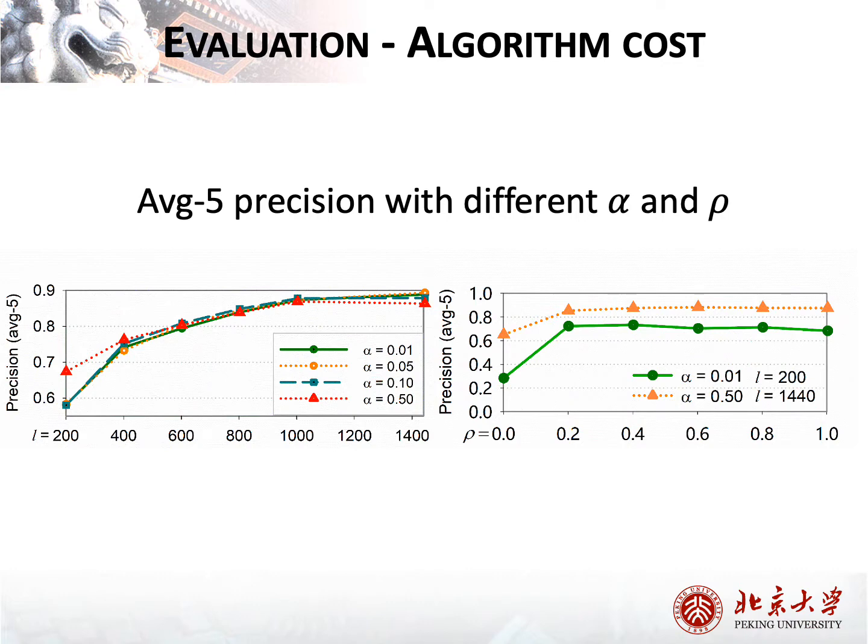We also developed an additional experiment to analyze the effect of alpha and rho on precision. When we increased alpha from 0.01 to 0.5 and compared precision under different lengths, we find that when the dataset is sparser, for instance when length equals 200, higher alpha makes the result more precise.